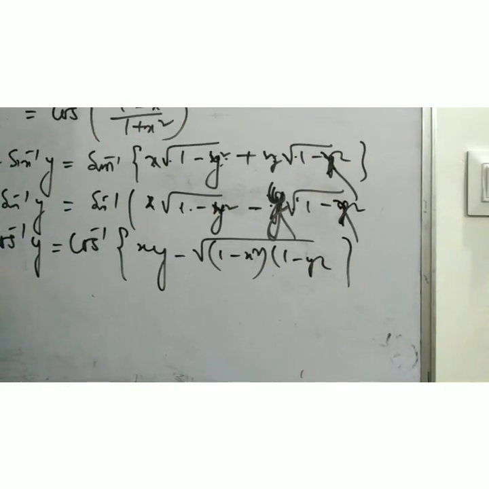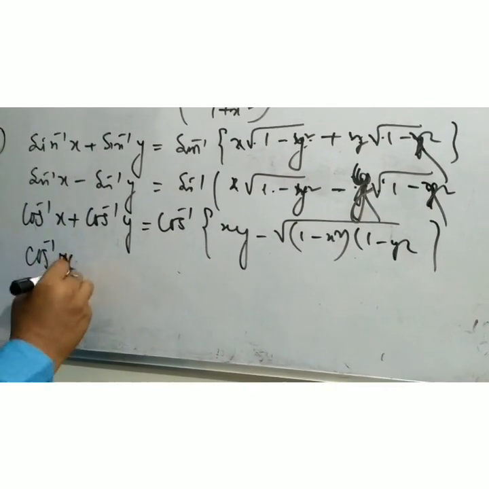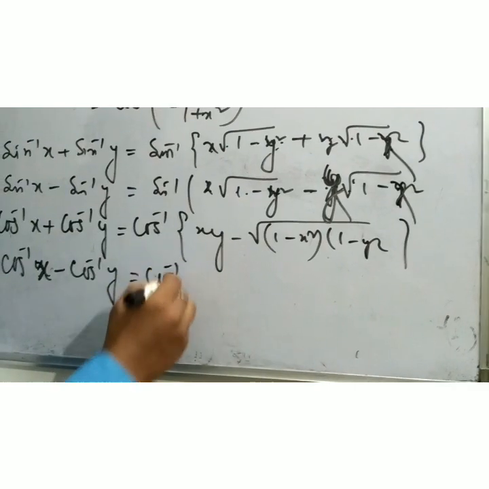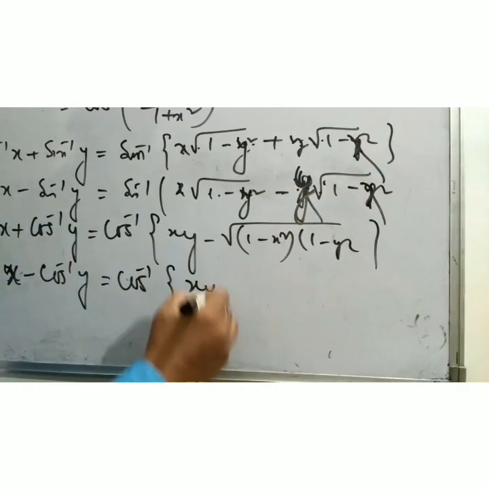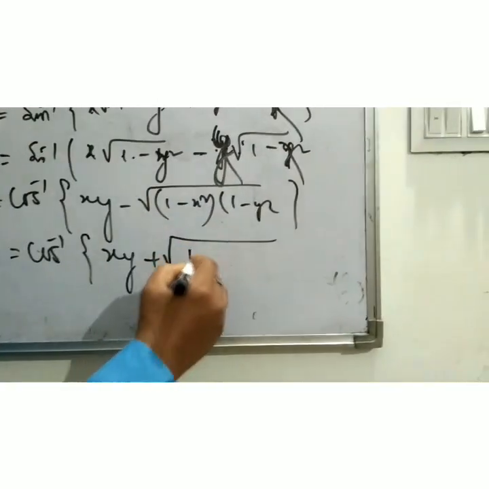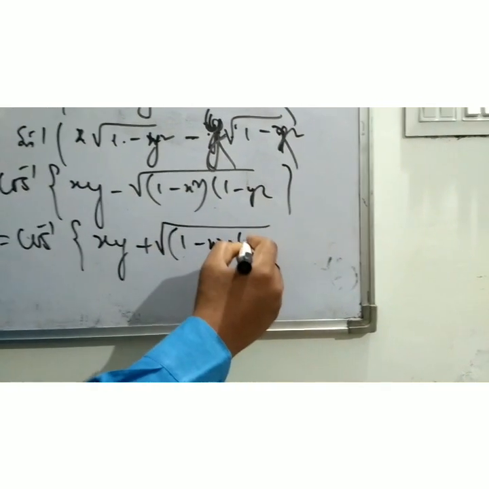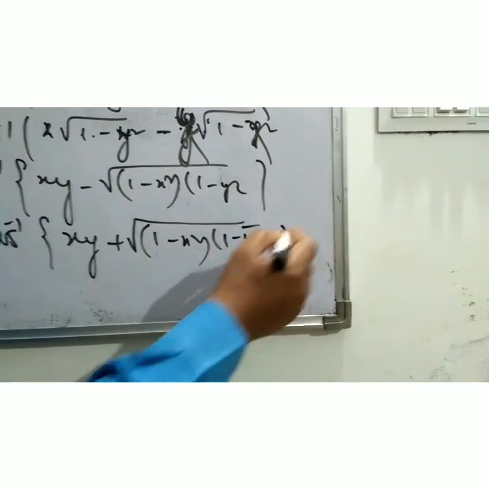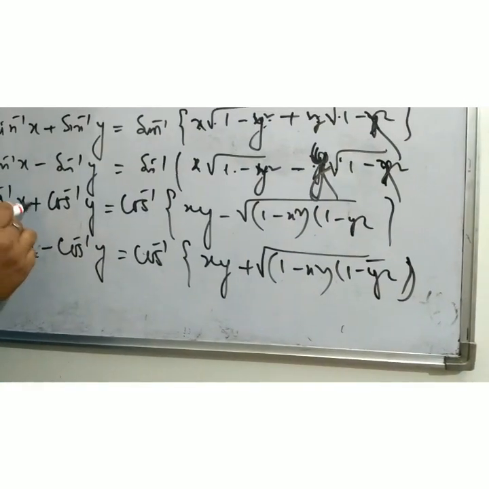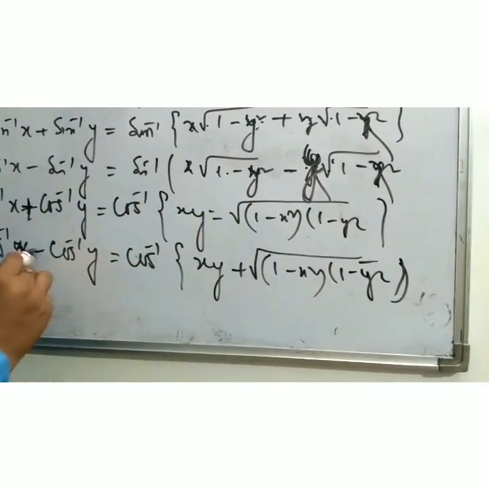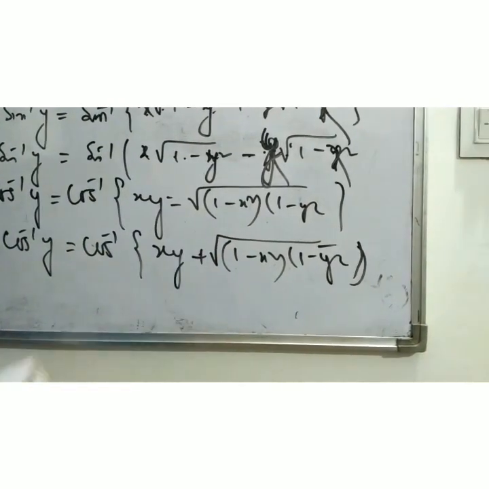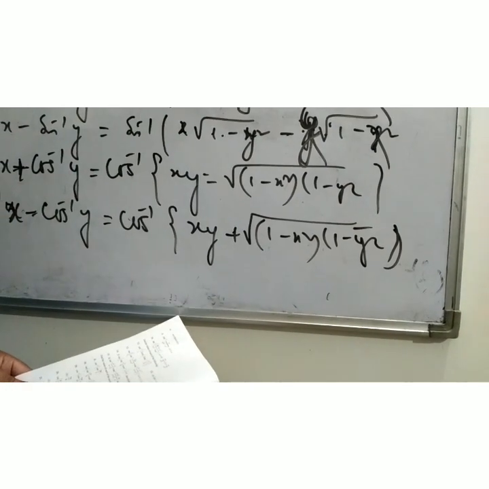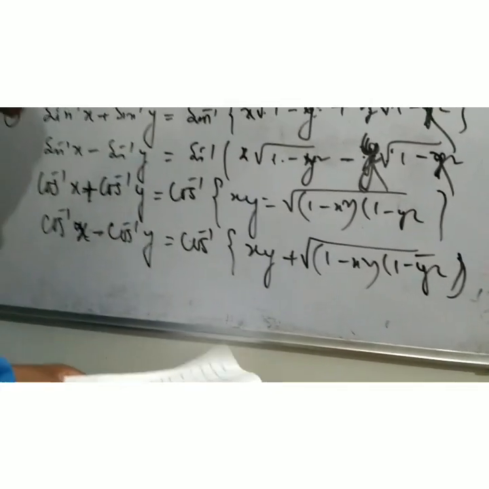Again, cos inverse x minus cos inverse y will be cos inverse of xy plus root over 1 minus x square into root over 1 minus y square. That is the reverse: whenever plus, it will be minus, whenever minus, it will be plus. So you can use this formula in the problems also. You can follow the miscellaneous exercise problems.